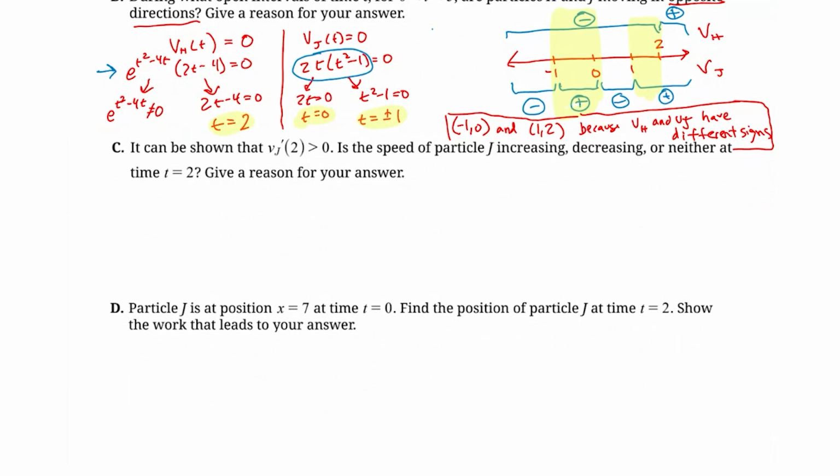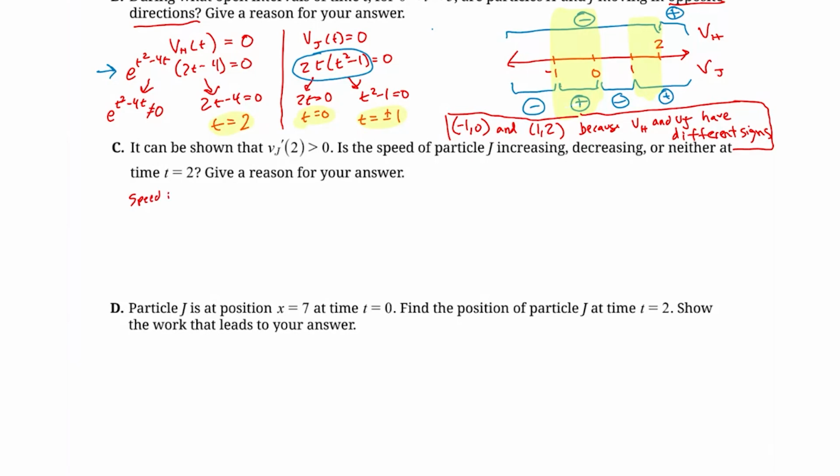Speed is the absolute value of velocity, and you know that speed is going to be increasing if both the velocity and the acceleration have the same sign. If they're sort of working together, it's going to increase the speed. The speed will be decreasing when velocity and acceleration are working against each other, in other words, when they have opposite signs. So let me just write that out.